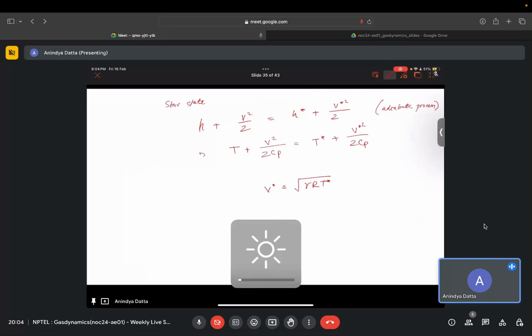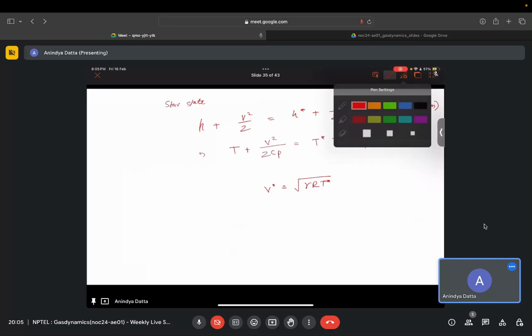The stagnation state and the star state are reference states corresponding to a given state point. In the stagnation state, we take the fluid at a given state point to a state where the flow velocity is 0. And the star state is a reference state where the flow velocity is equal to the speed of sound.